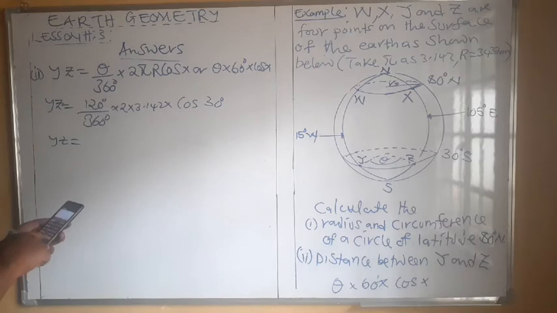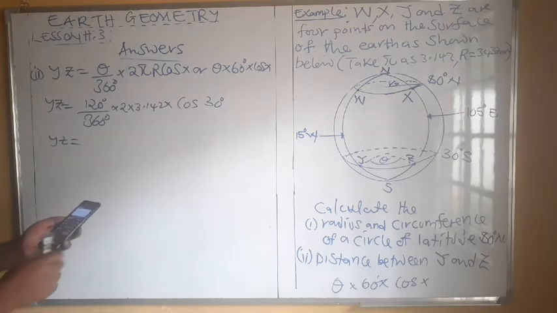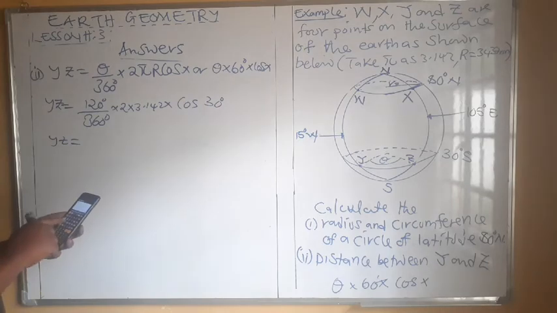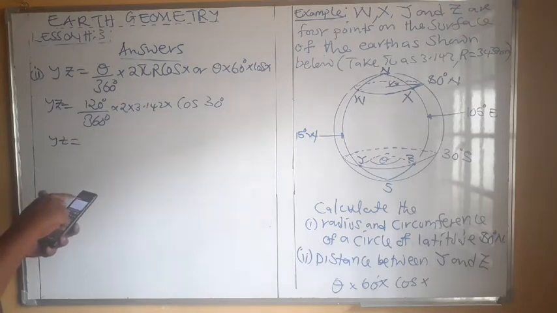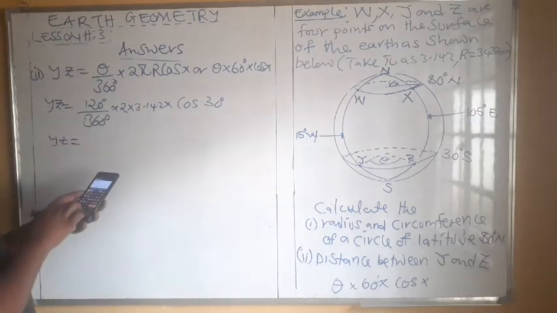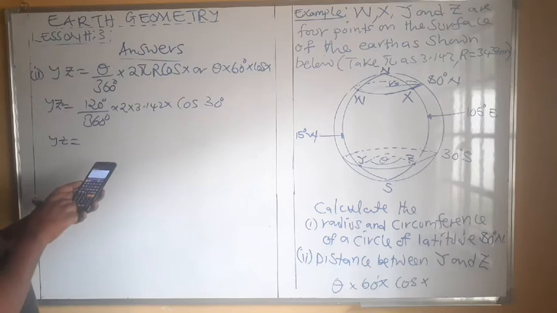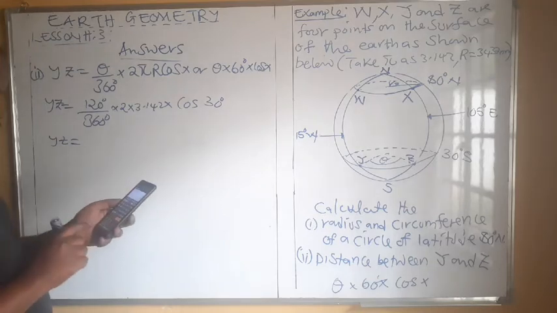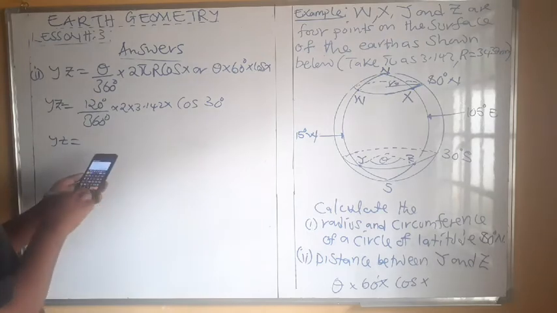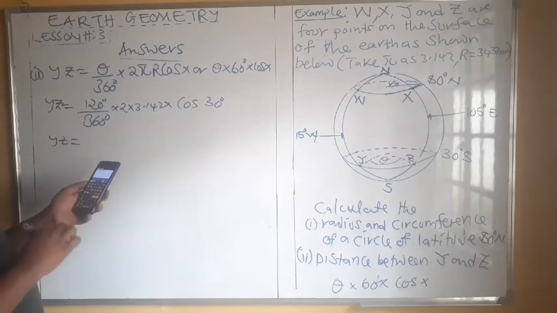So let me try to compute it. So you say 120 divided by 360, by 2 by 3.142, by cos 30 degrees.